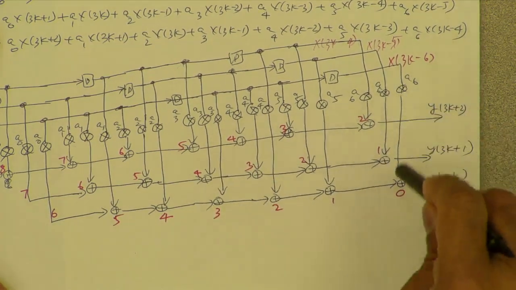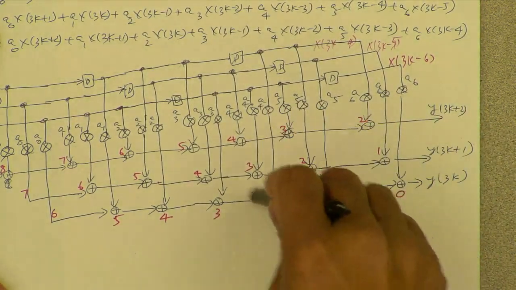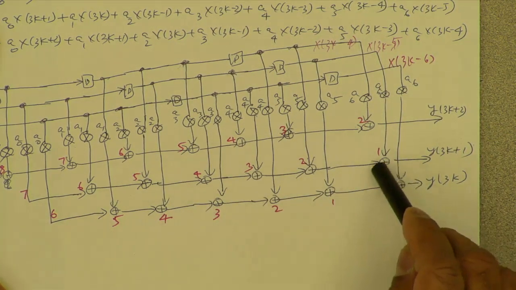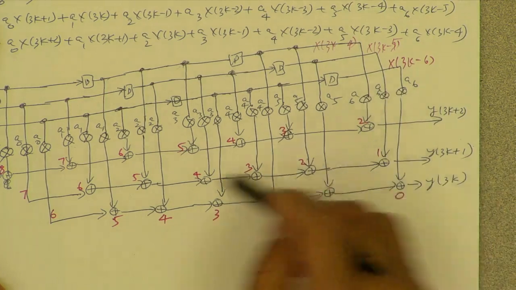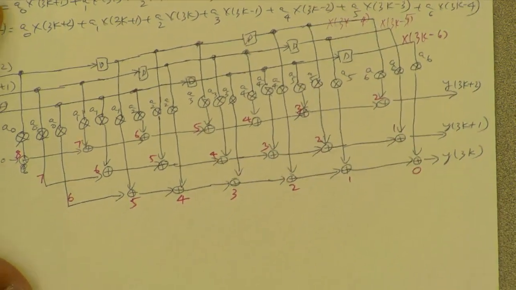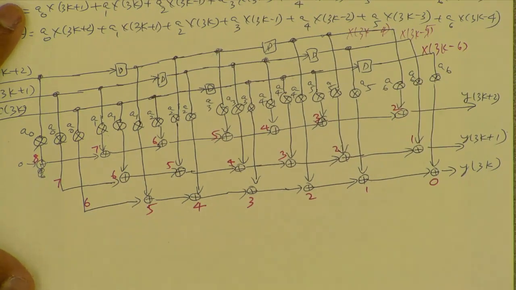So this multiply add, this multiply add, and so on are mapped to one PE, a processing element, and this multiply add and so on. We would define what are known as 3 folding sets, where each folding set is mapped to a processing element.